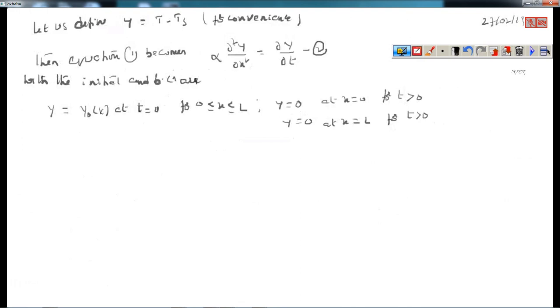Now equation 2 can be solved by the method of separation of variables.